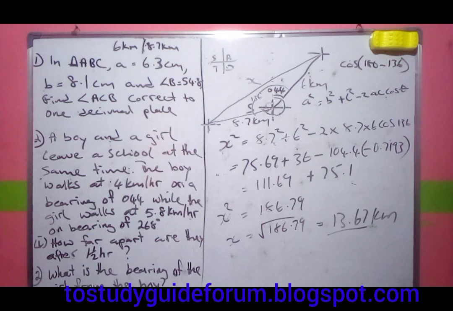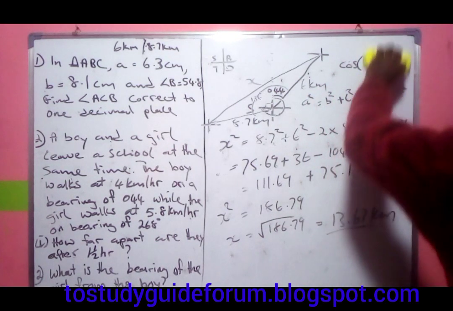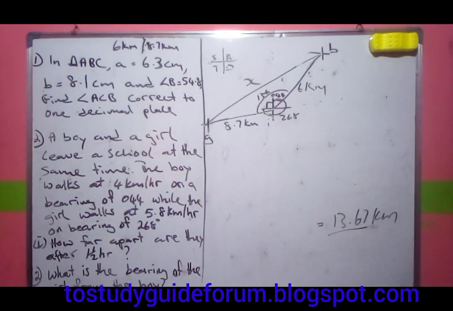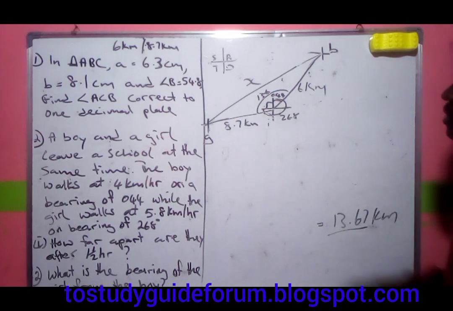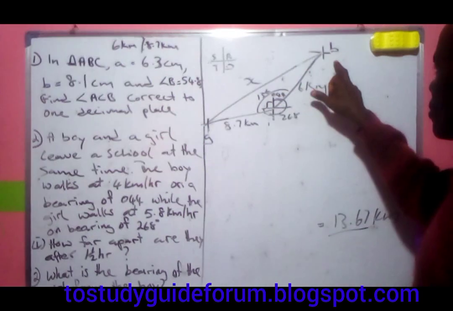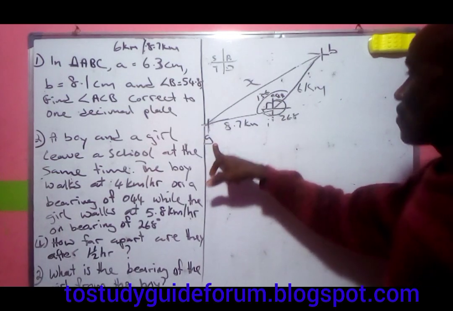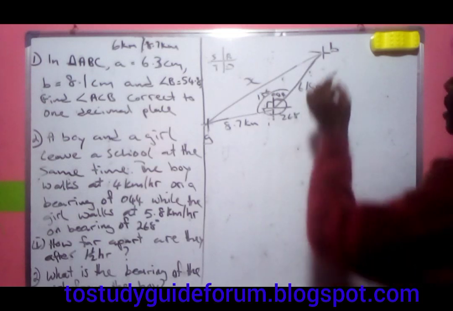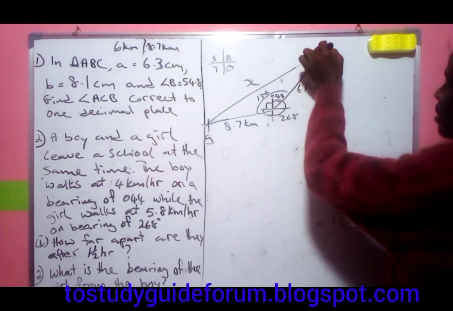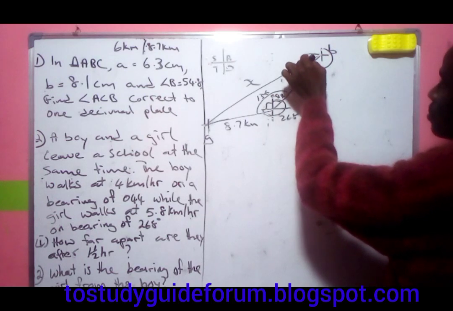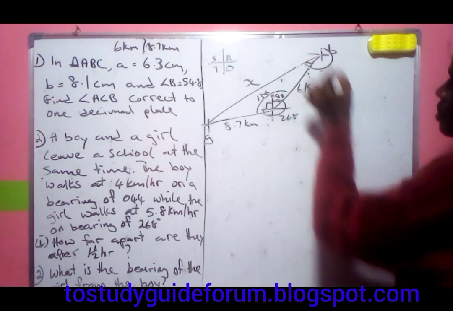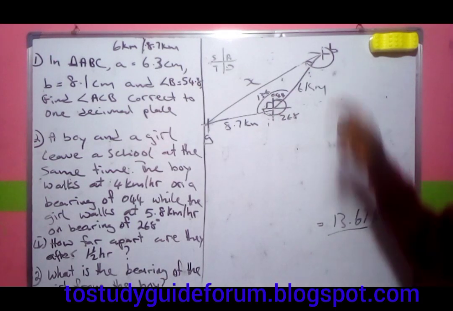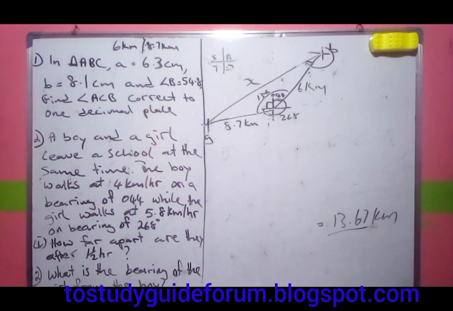To calculate the bearing of the girl from the boy, it means that we are going to calculate this bearing, joining up to this point. This is the bearing of the girl from the boy. So what are we doing next?